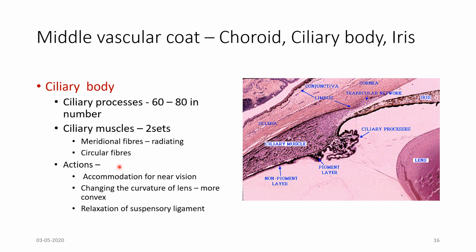The action of the ciliary body is that it facilitates accommodation for near vision. It changes the curvature of the lens, making it more convex by relaxation of the suspensory ligament.